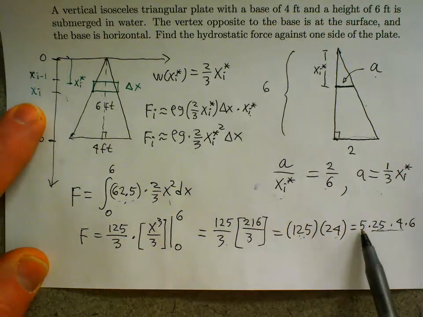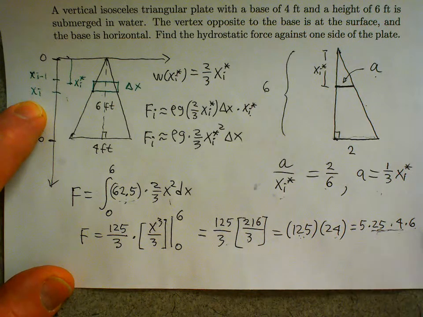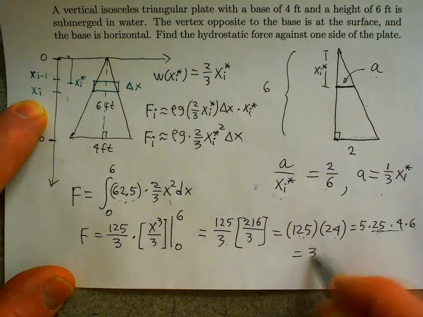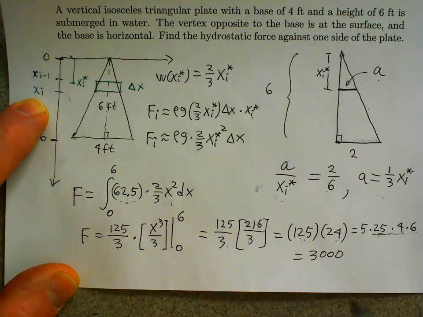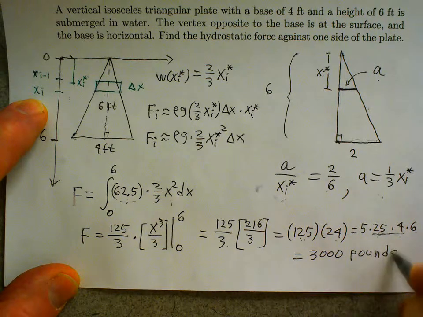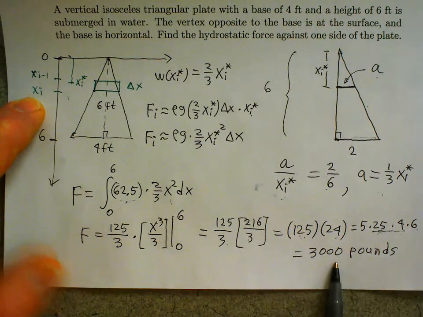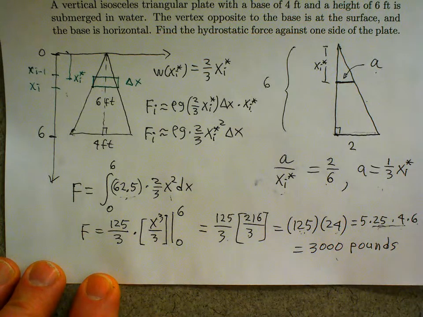And then multiply 100 times 5 times 6, which is 30. 30 times 100 is 3,000. And the units in the US customary system are pounds. So 3,000 pounds is the hydrostatic force on that vertical plate.